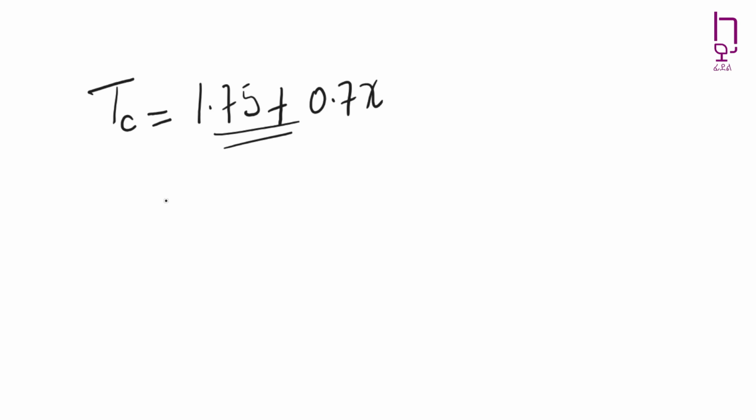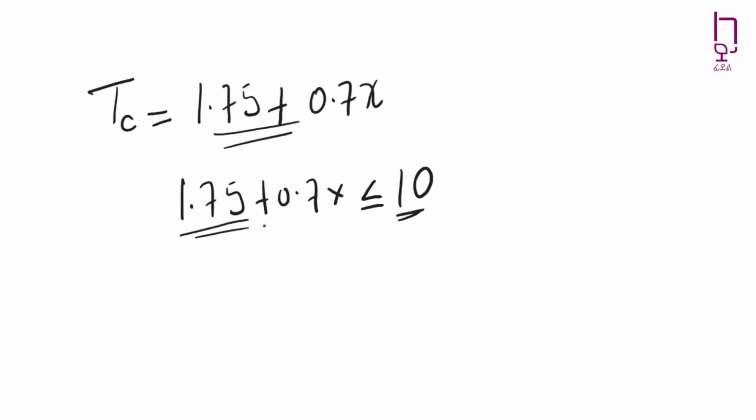Now Salam has only 10 birr, so she can only spend 10 birr maximum. So the cost of the taxi for her has to be less than or equal to 10, because she only has 10 birr.